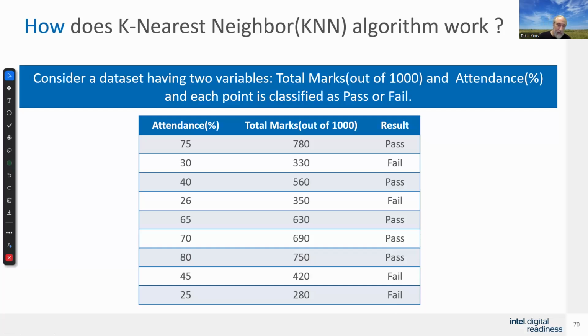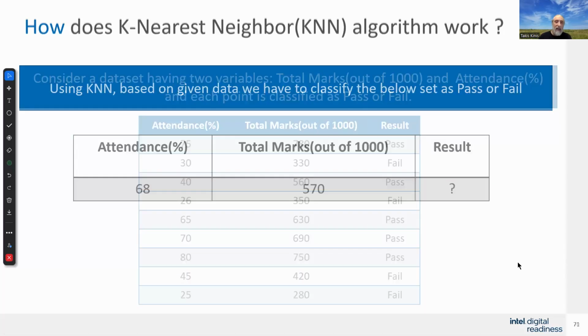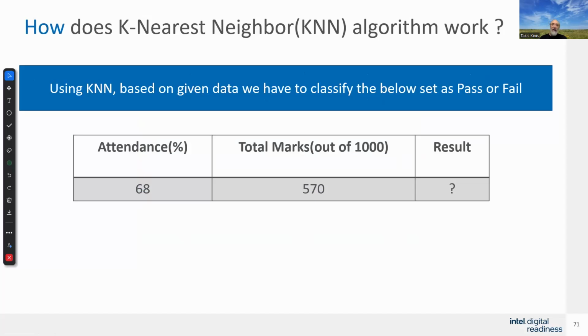We don't really know, right? So looking at that data, if I give you this new data that's not on the table, this is a really good example. I have an attendance amount, fairly high, marks, not all that high. What should we do with this person?